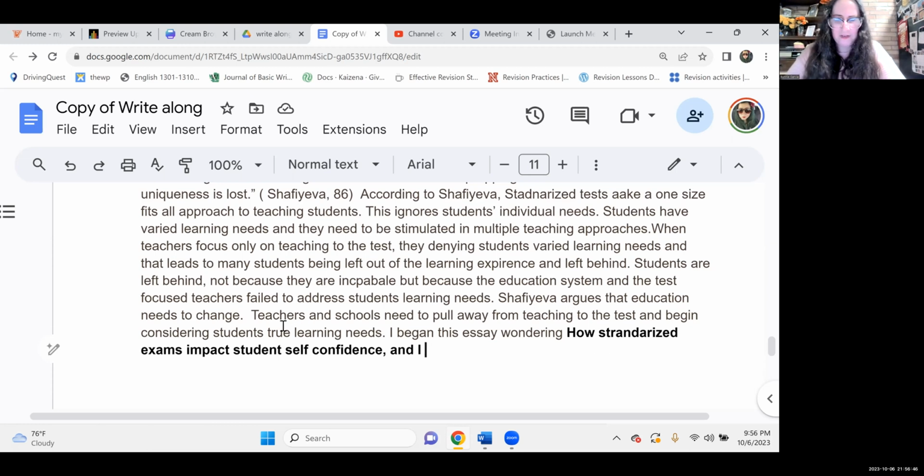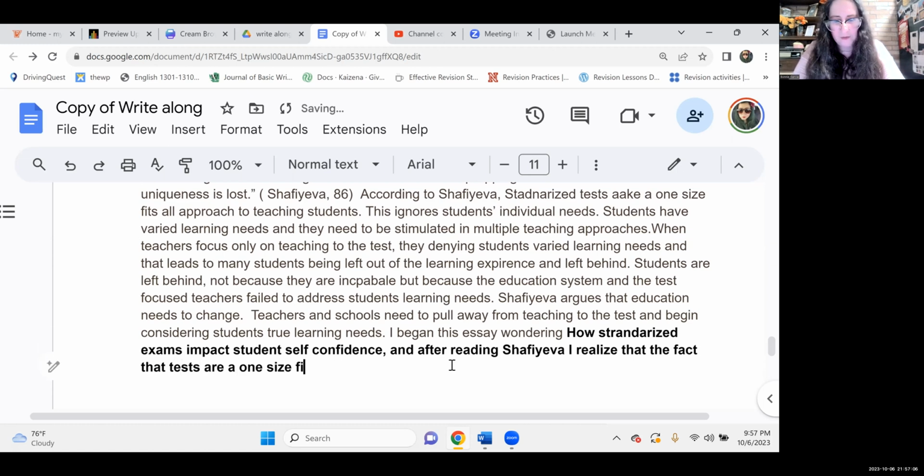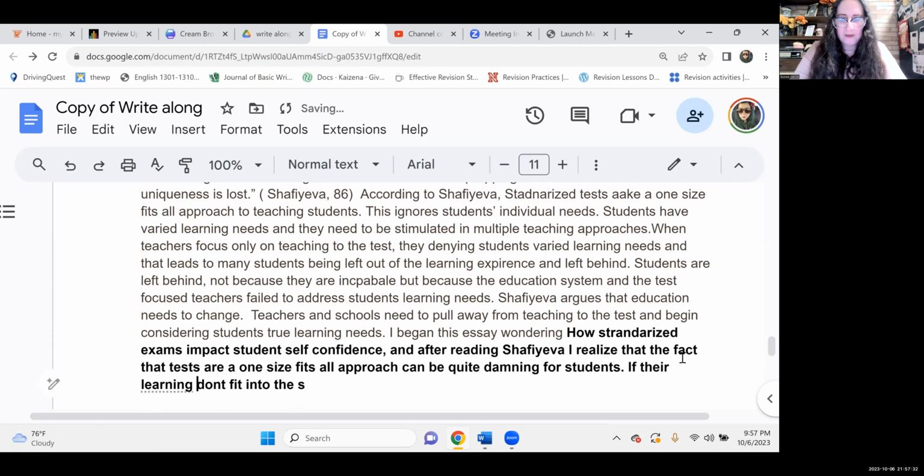I began this essay wondering how standardized exams impact student confidence. And after reading Shafiyeva, I realized that the fact that tests are a one-size-fits-all approach can be quite damning for students if their learning doesn't fit into that standard.